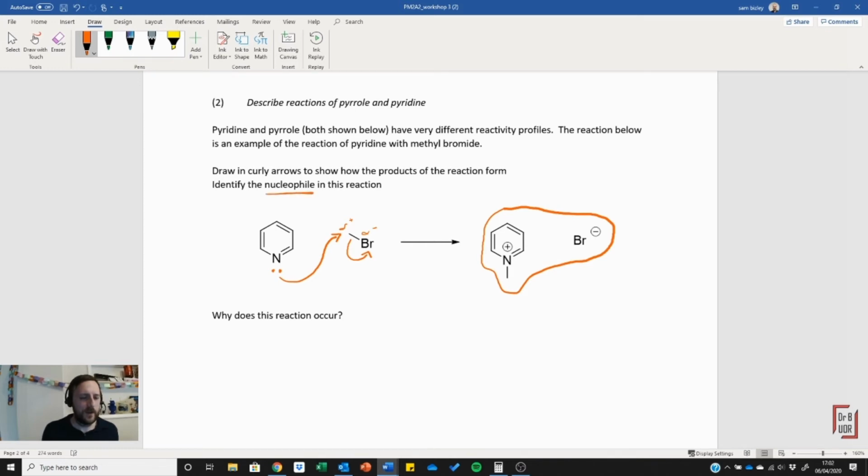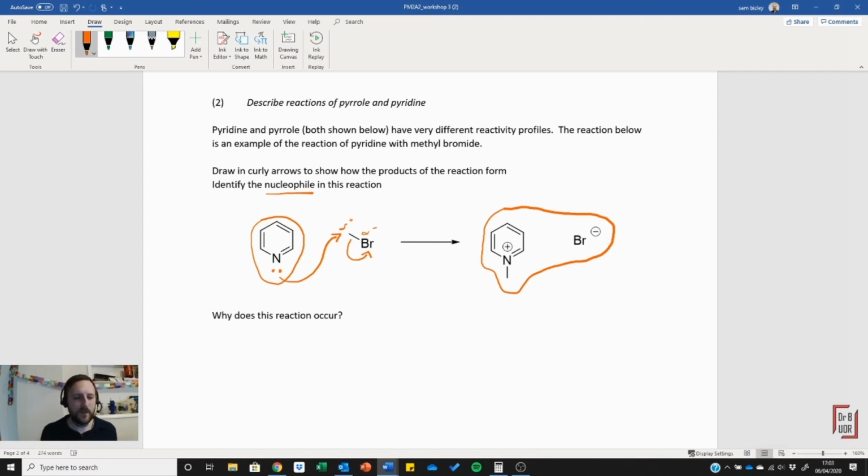So we want to say what is the nucleophile in this particular reaction. And potentially we're looking for a nucleophile, anything that's drawn to something that isn't electron rich in reality. So potentially you could say that this is acting as a nucleophile because it's drawn to our carbon, which is not electron rich.